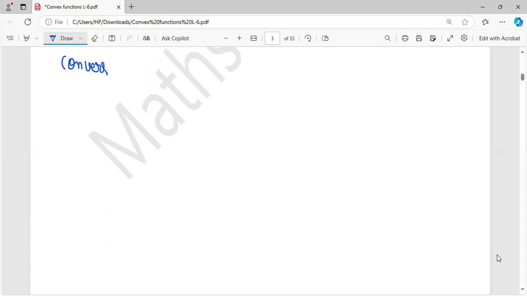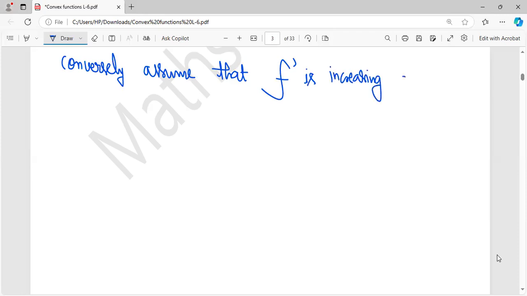Conversely, assume that f' is increasing on I. Let x1, x2 belong to I such that x1 is less than x2.